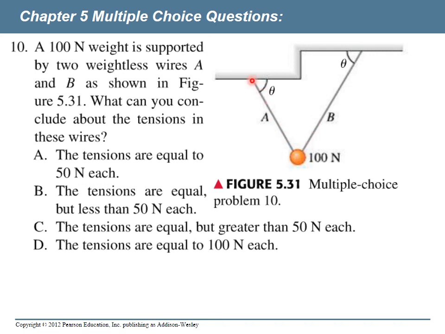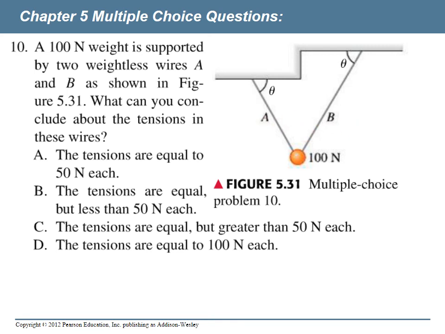Well, since these triangles are similar, that's theta. If I measure off the horizontal, that's theta. This is theta, and this is theta, right? So the y component of this one would be A sine theta, and this one would be B sine theta, right? And now there is no x component other than the A and B, right?